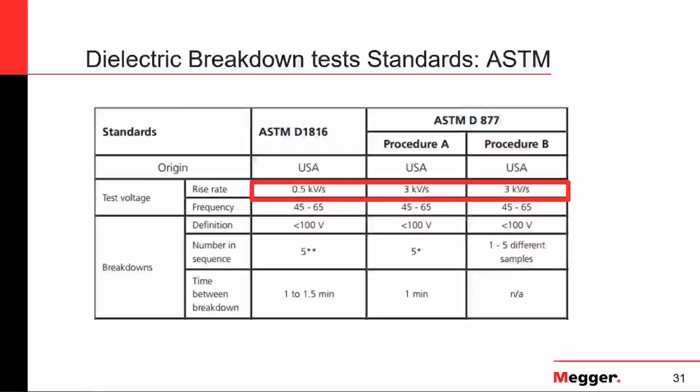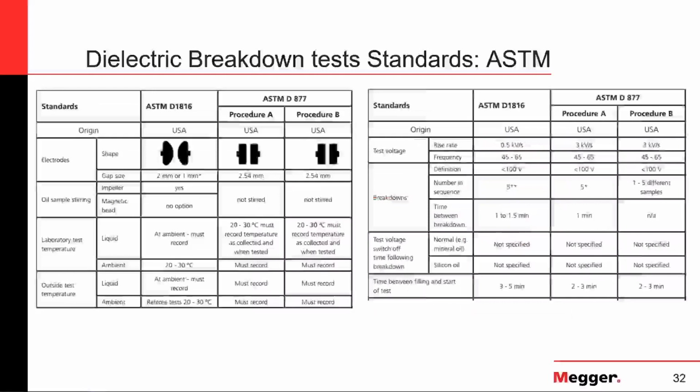In the case of ASTM D1816, the vessel cover should have provisions to assemble the impeller that is needed while performing the actual measurements. That impeller will rotate at a speed between 200 and 300 revolutions per minute, and it should rotate in a way that causes a downward flow of the oil during testing.